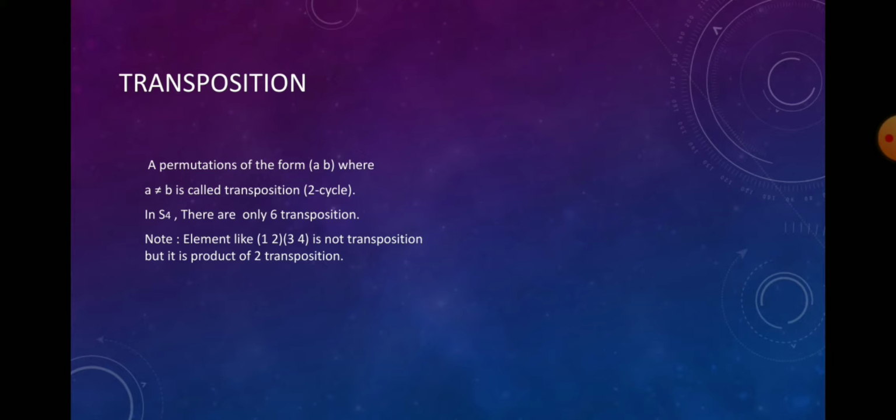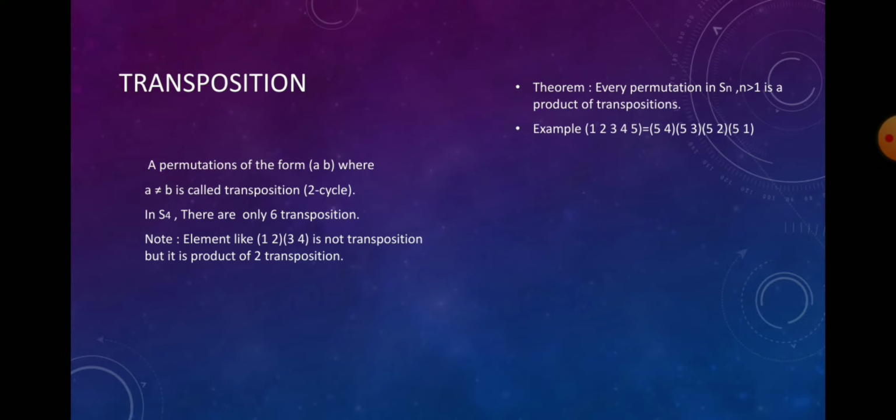Okay. Why is this more important? Why do we want to discuss transpositions, or 2-cycles? Because of the next theorem, which tells me that any permutation in Sn, where n is greater than 1, is a product of transpositions. What is this theorem trying to tell us? It is telling us that if you have any permutation, for example, I take the permutation (1 2 3 4 5), then that can be written as a product of transpositions like this.